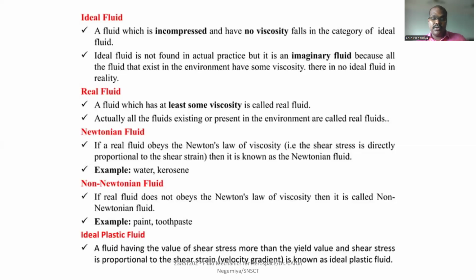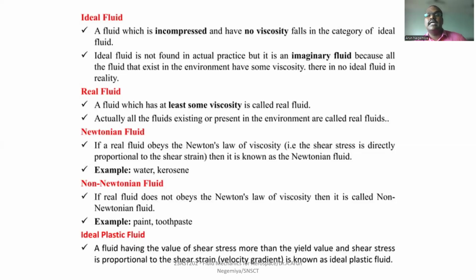Next one is the Newtonian fluid. Newtonian fluid means it obeys Newton's law of viscosity. Newton's law of viscosity means shear stress is directly proportional to the shear strain. What is meant by shear stress? Tangential force applied per area. Tangential force means some force acting in an inclined manner, not perpendicular.